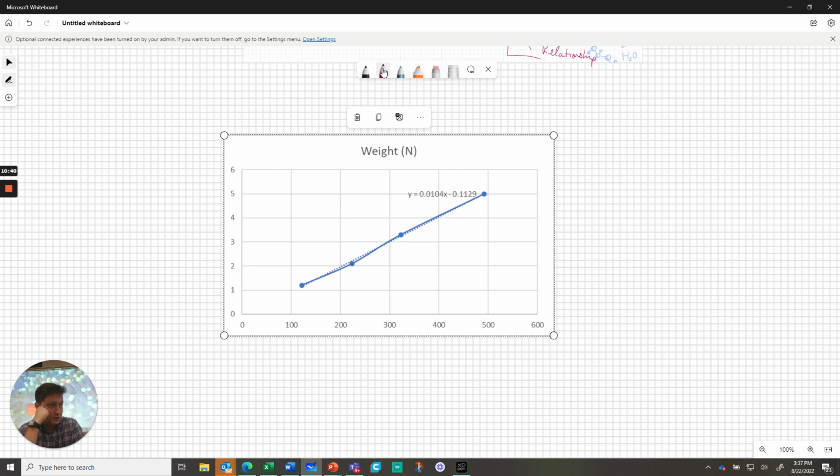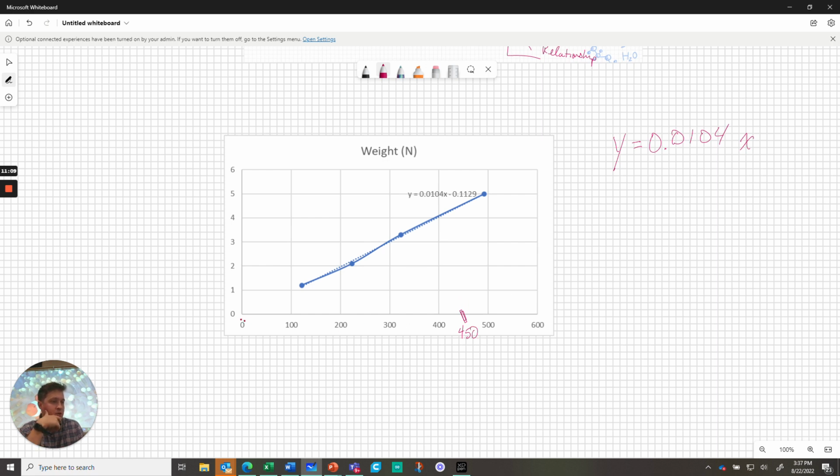So basically, if I say, okay, I want to know how much is 450 grams in newtons. So I input the independent variable, which is the x-axis, the mass, right here. So 0.0104 times 450 grams.